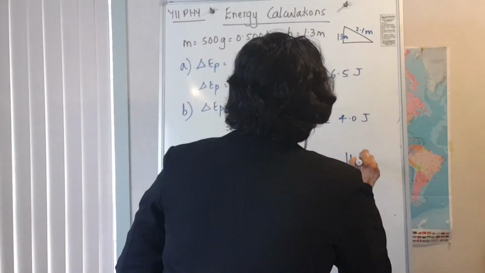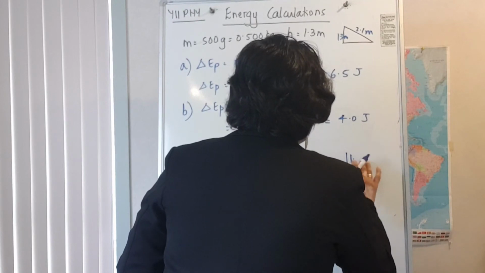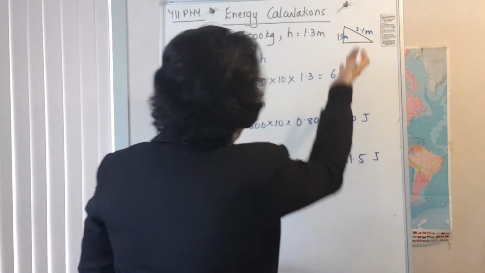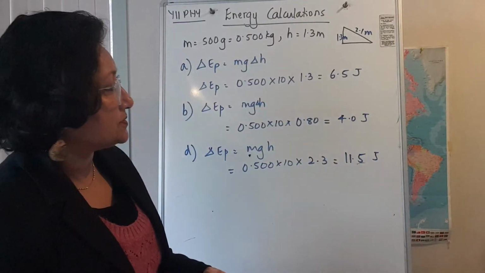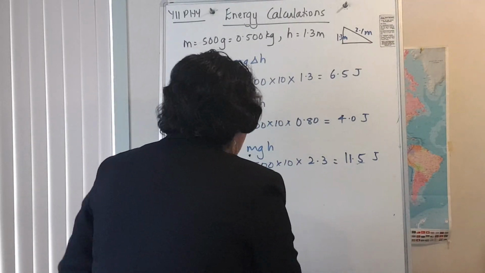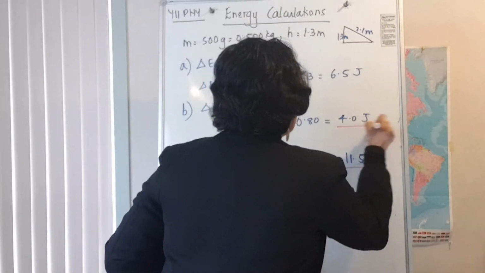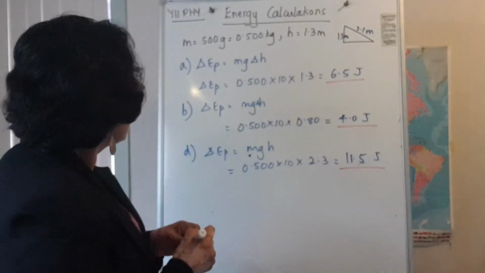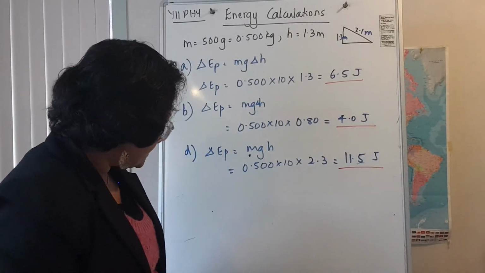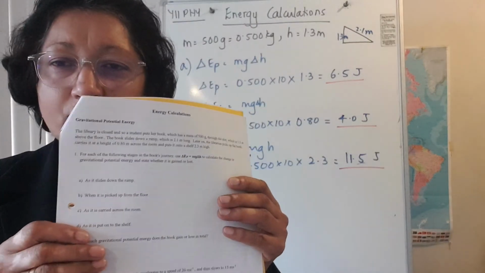So the higher you lift it up, the more gravitational potential energy it gains. So these are your 3 answers. C was 0.